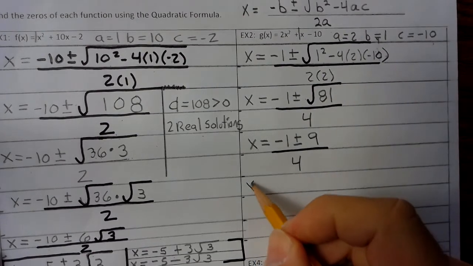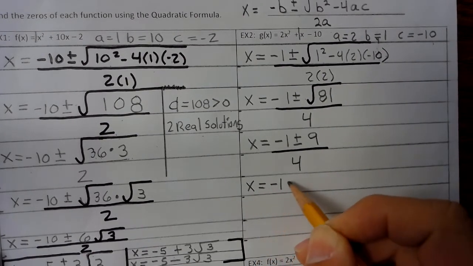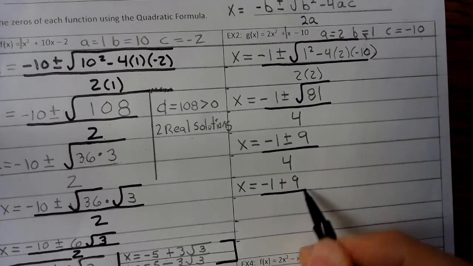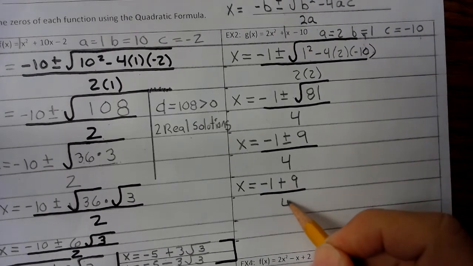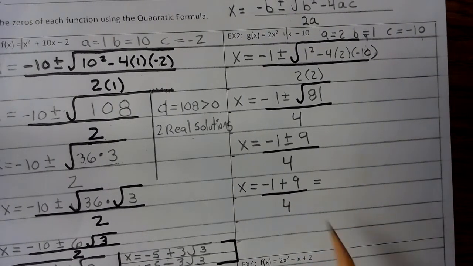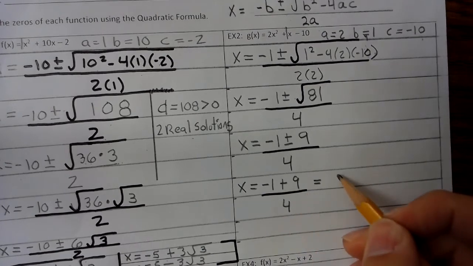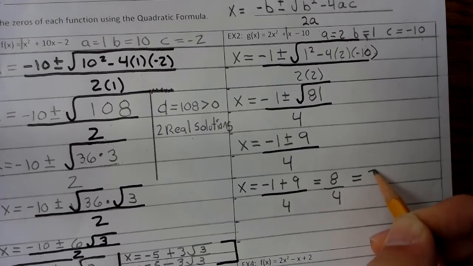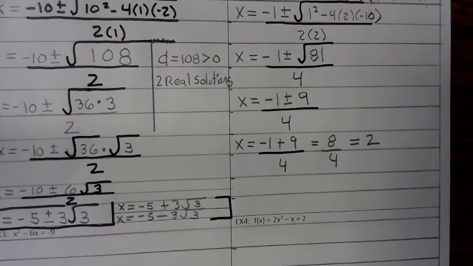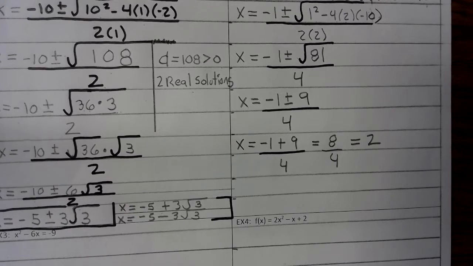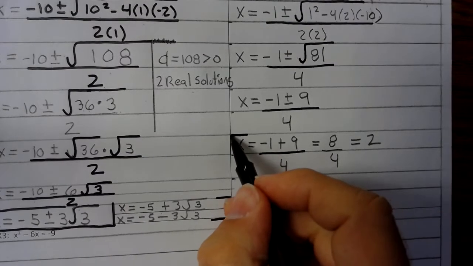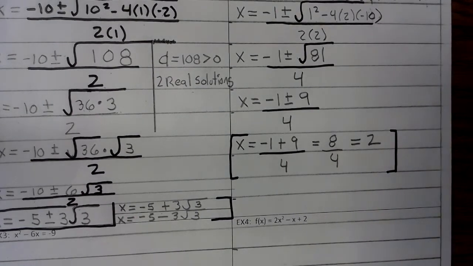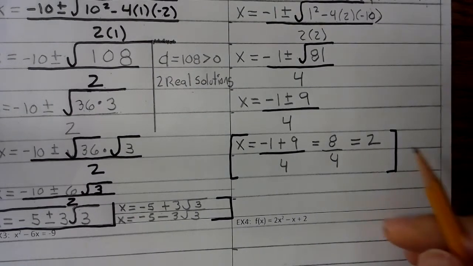So x equals negative 1 plus 9 divided by 4, which negative 1 plus 9 is 8, so it's 8 divided by 4, which equals 2. Okay? So there's one solution. Okay? Now, let's go back because we got 1.